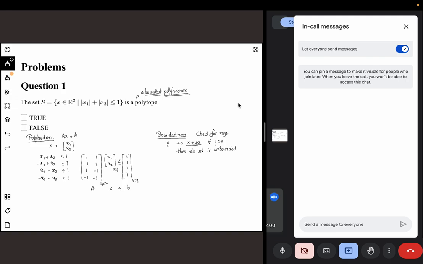So if I take this particular equation, so if I take a point x and then I do x plus mu d, so that will be x1 plus mu d plus x2 less than or equal to 1. From this, mu should be less than or equal to 1 minus x1 plus x2.